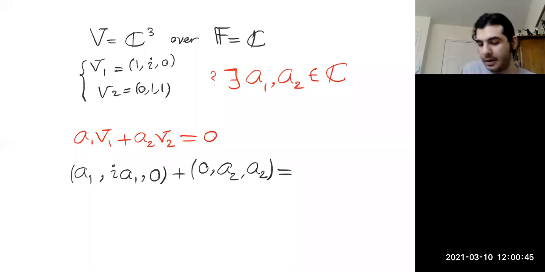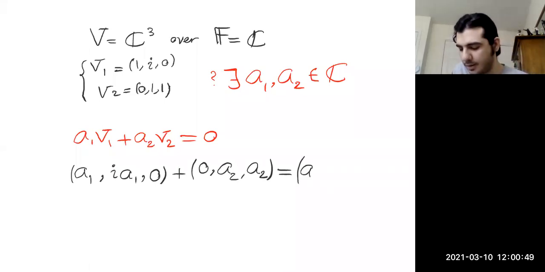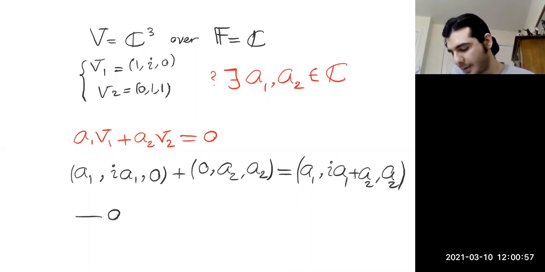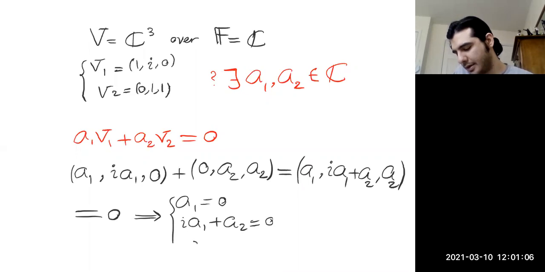That would be A2 times V2. What is their sum? Their sum is A1 plus 0, i A1 plus A2, and 0 plus A2. This should be 0. That implies A1 is 0, i A1 plus A2 is 0, and A2 is 0.